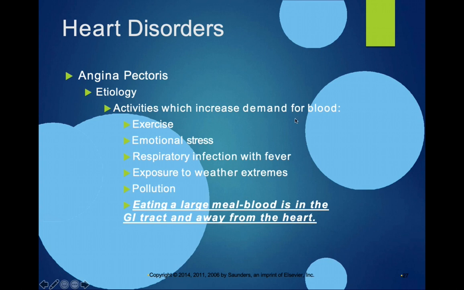Activities which increase the demand for blood, exercise, that could be another cause. Emotional stress, a respiratory infection with fever, exposure to extreme weather patterns, pollution, and believe it or not, even eating a large meal. This happens to a lot of people after they eat a large dinner. Keep in mind, blood is then diverted into the GI tract for absorption, and it's diverted away from the heart. So you have decreased oxygenation to the heart after a meal.